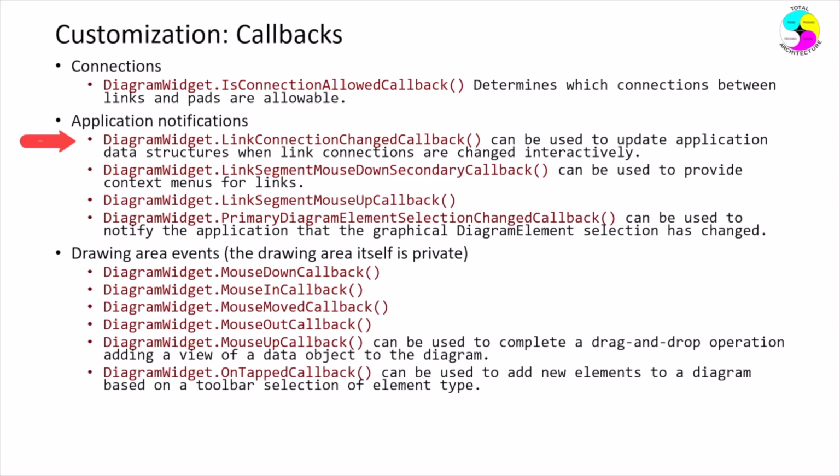We saw this earlier when the ownership link changes were reflected in the model. In the earlier example, the mouse up callback was used to complete the drag and drop action from the tree to the diagram, and the on-tapped callback was used to implement the diagram changes based on a toolbar selection and a click in the drawing area.